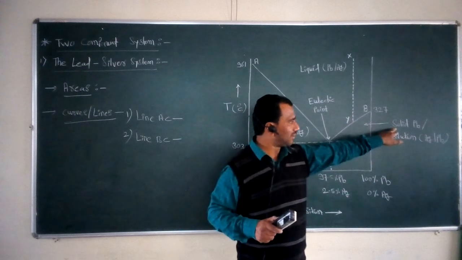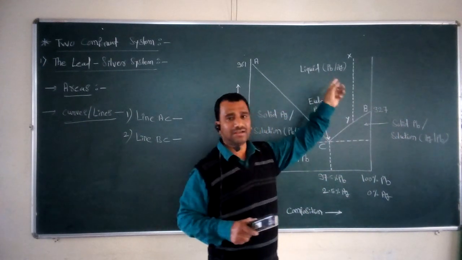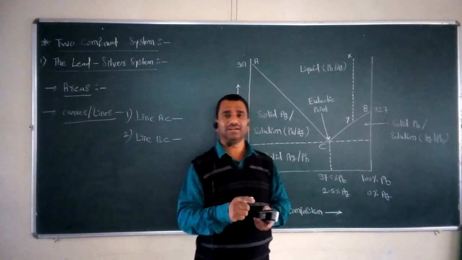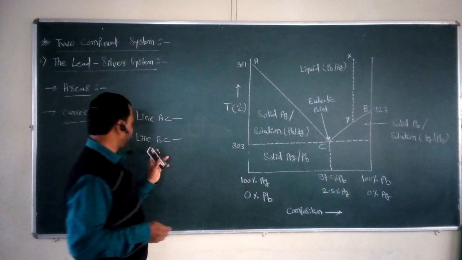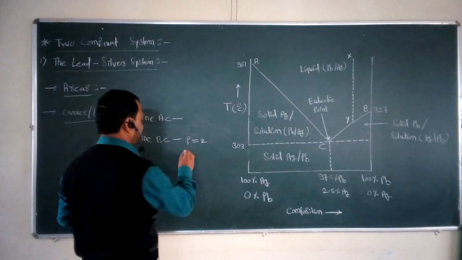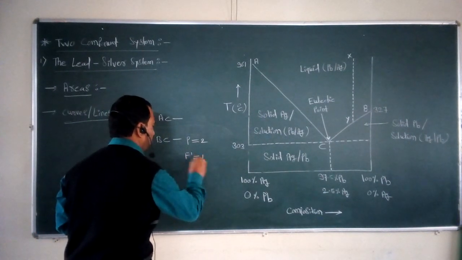The first phase is the solid lead, which is in equilibrium with the liquid or the solution of silver and lead. So again in this line BC, the phases are equal to 2, and so we can say that in this case also f dash comes out to be equal to 1.